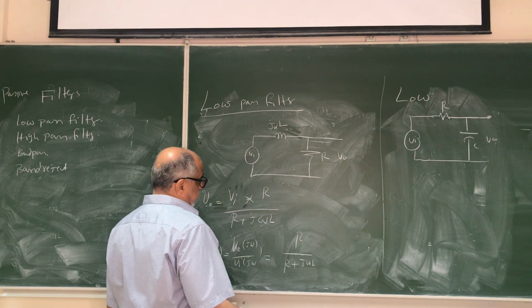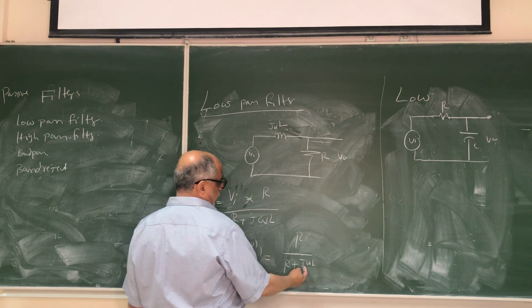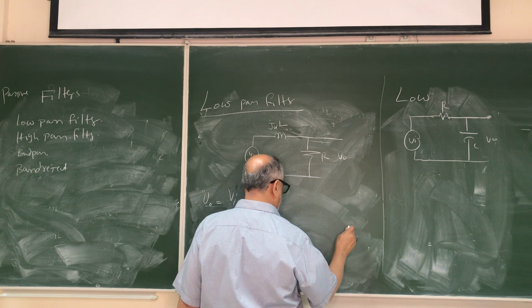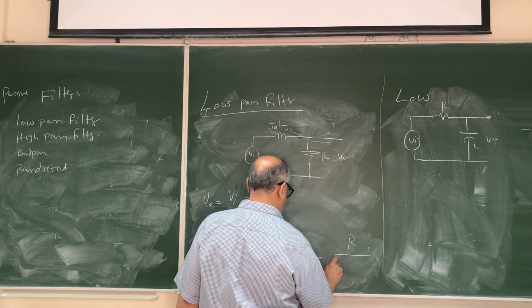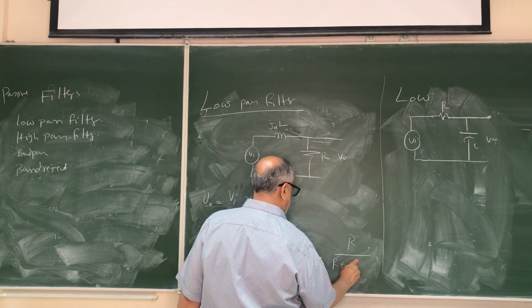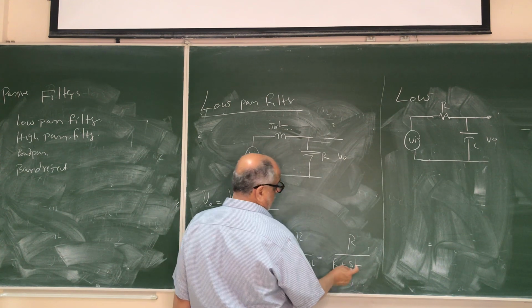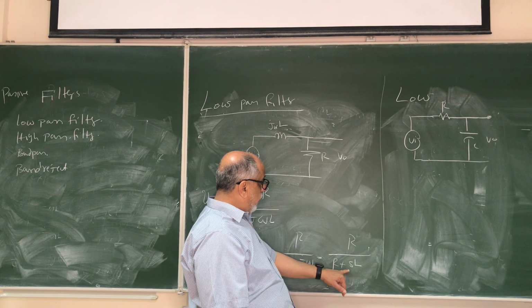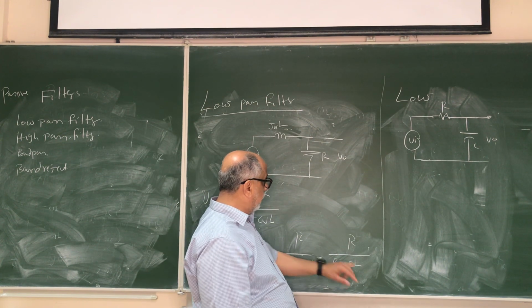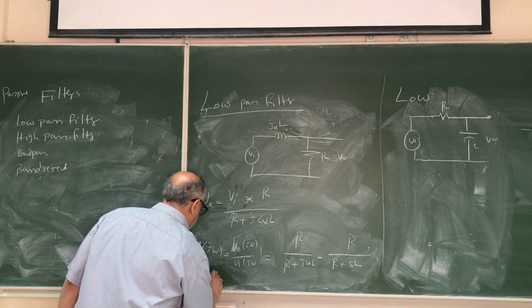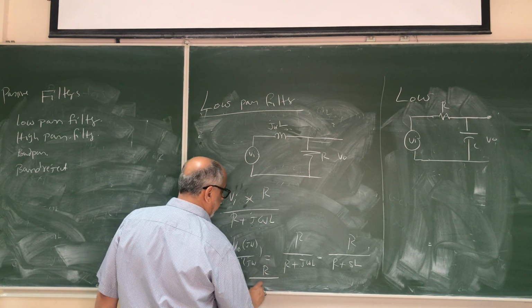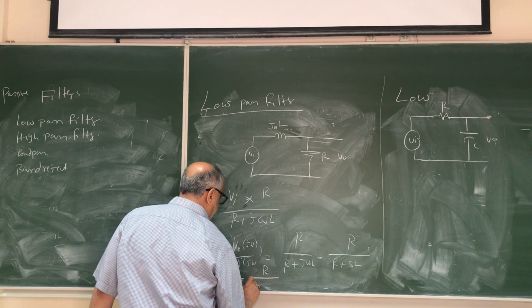Now here we have to make this in the standard form R over R plus SL. To find the cutoff frequency, we have to make the coefficient of S equal to 1. So you can say H of S now is equal to R over L common factor.